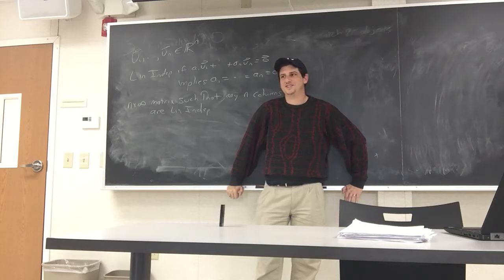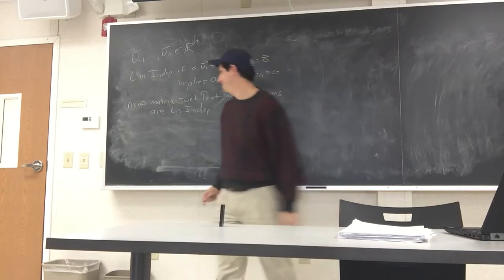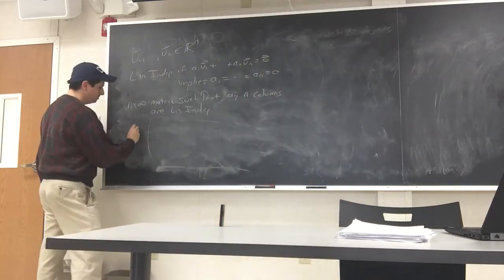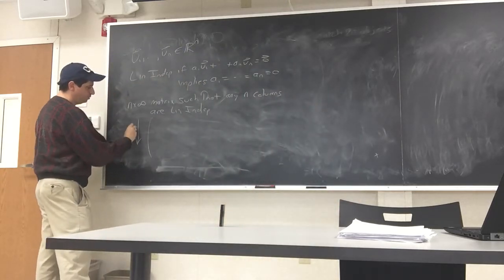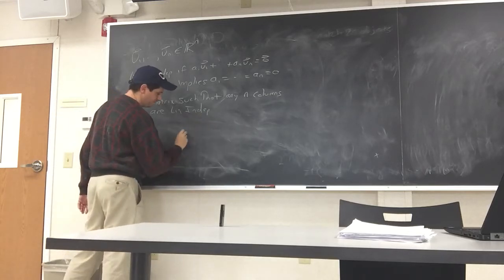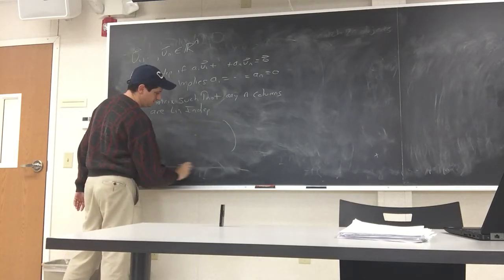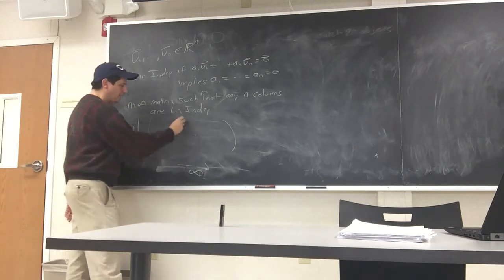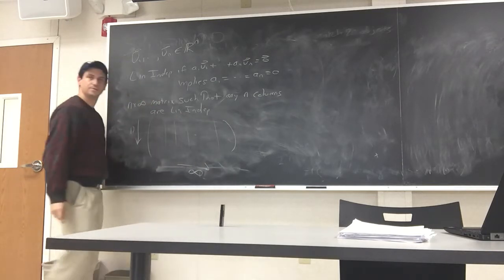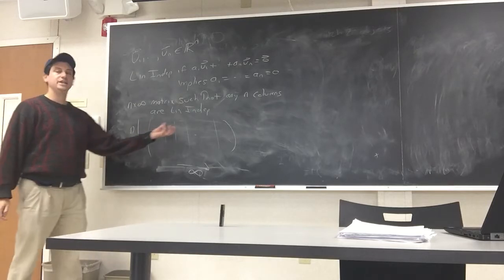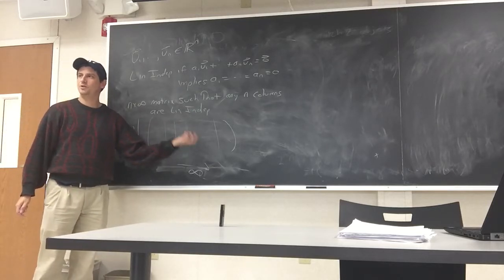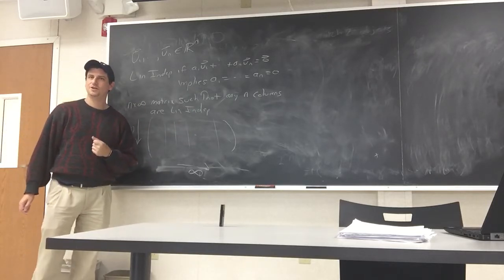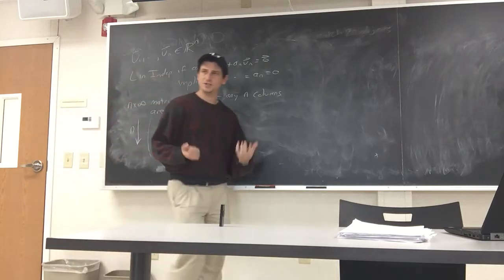Just a quick question: is n the height of a column? So this direction will be n, and it will be infinitely long in this direction. And no matter what n columns you choose, you'll get an n by n matrix, and it'll be linearly independent. So my question is, is that possible?